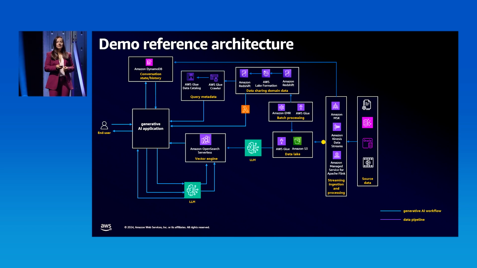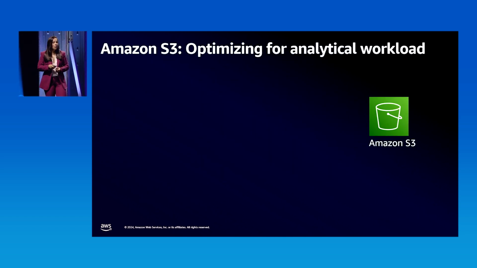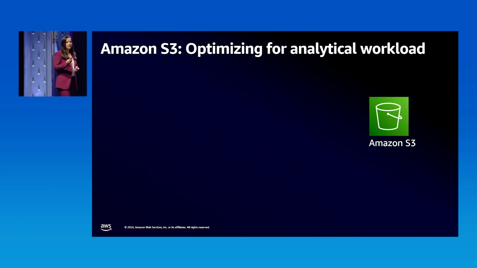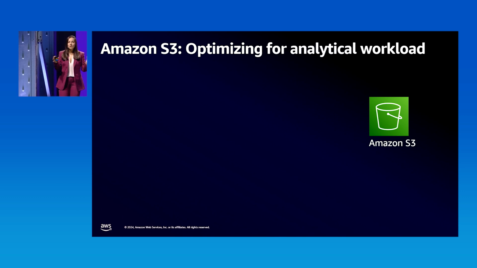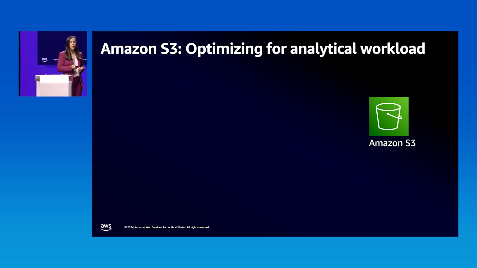So now let's look at how data should be laid down on S3 to optimize it for data analytics. When we are talking about analytic workloads, we typically deal with large volumes, but we select only a subset of columns and apply filters.